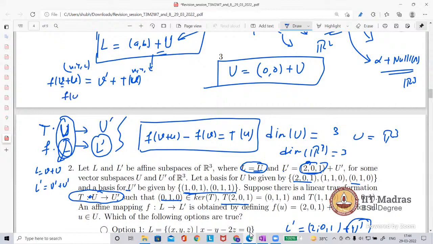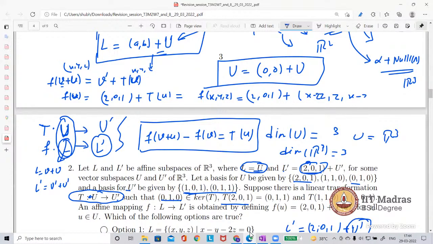That means f of u. And what is your V prime? 201, plus your TU. So f of x, y, z, with u as x, y, z, is equal to 201 plus T, which is x minus 2z, z, and x minus z.